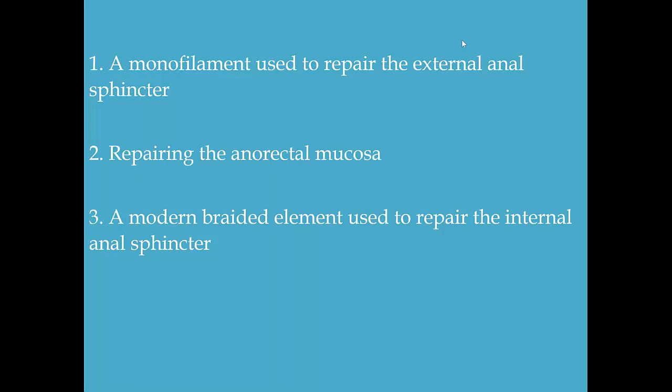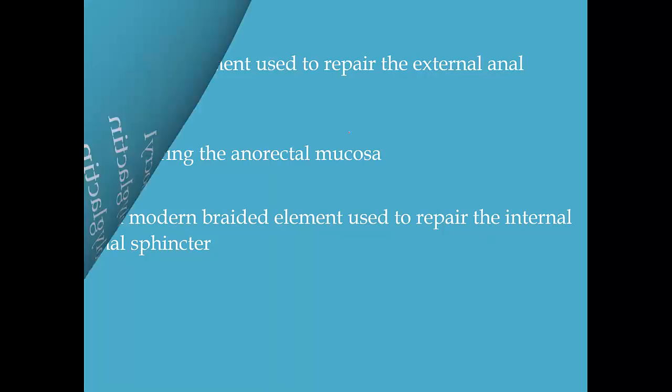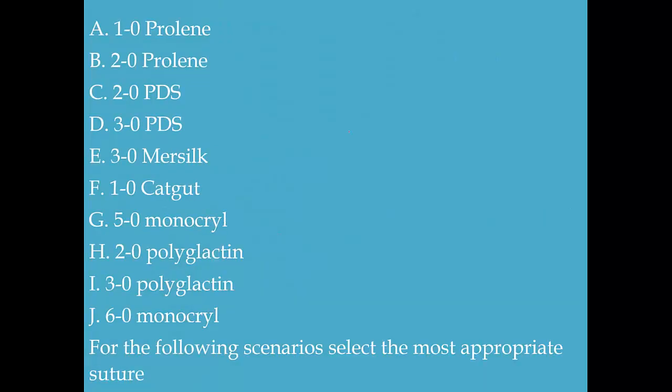A monofilament used to repair the external anal sphincter is 3-0 PDS. Yes, the answer is D. Excellent.